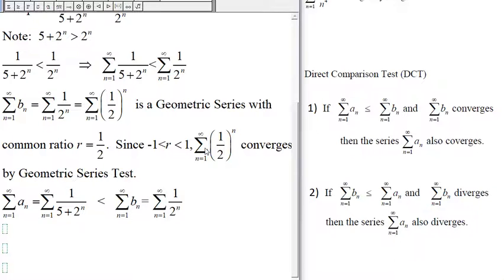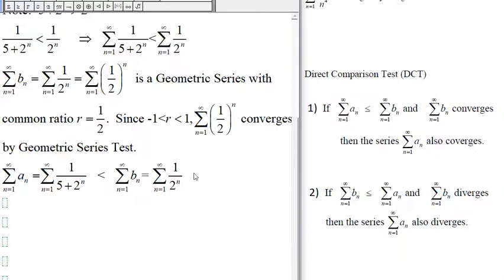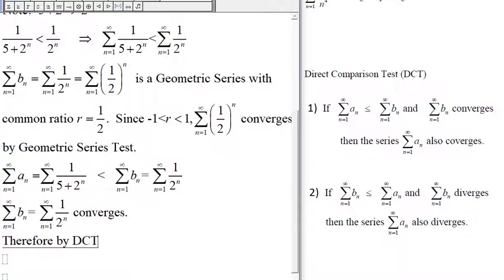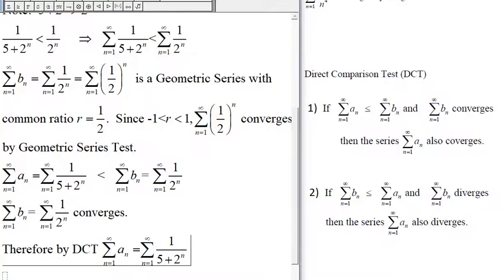And we have also shown that the series B sub n converges. And we have shown that this series right here converges. And therefore, by the direct comparison test, or sometimes it's called the basic comparison test, this series right here converges.